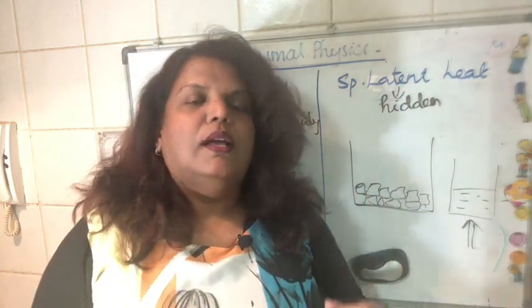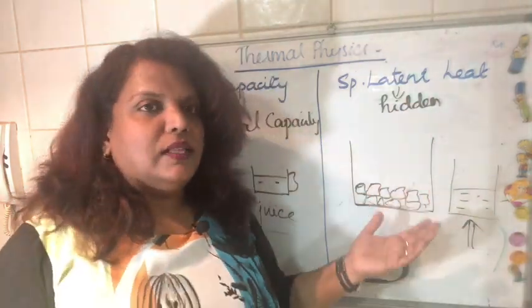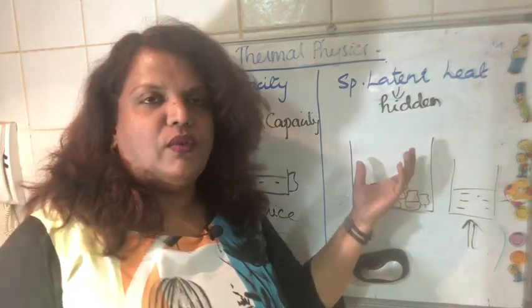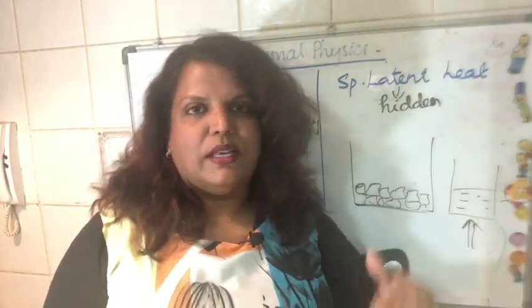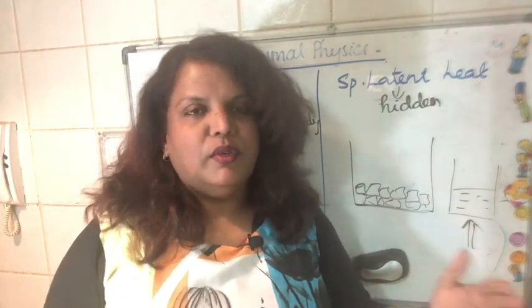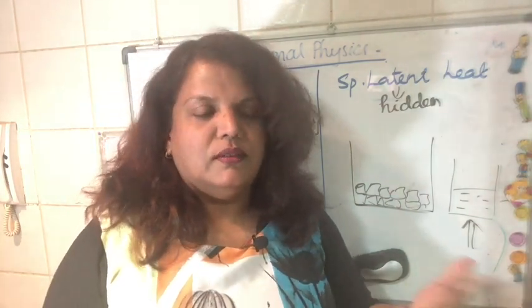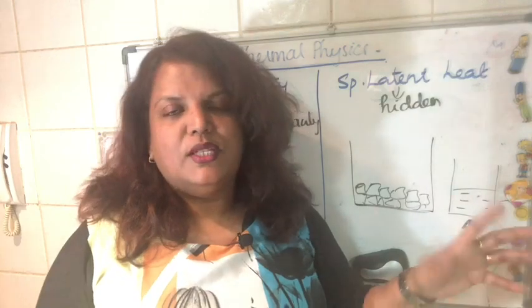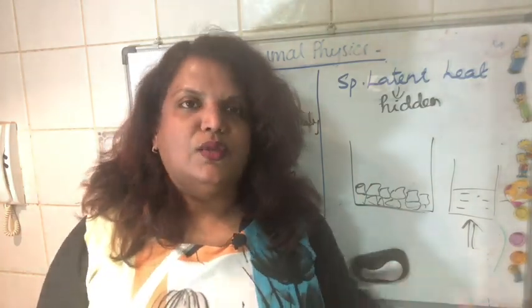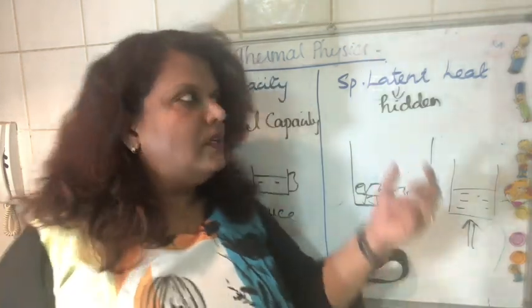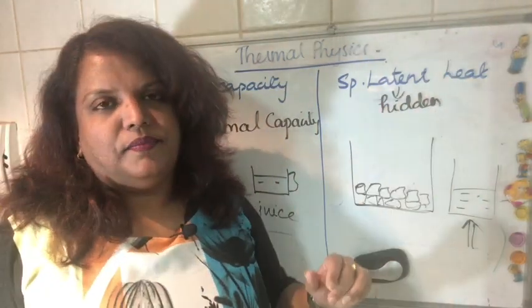Alright, so now here again, will the same amount of energy be required for ice to change to water, like solid wax to liquid wax, or copper to molten copper, and so on? No, each substance will have a different amount of heat energy required for 1 kg of substance. That is called specific latent heat.